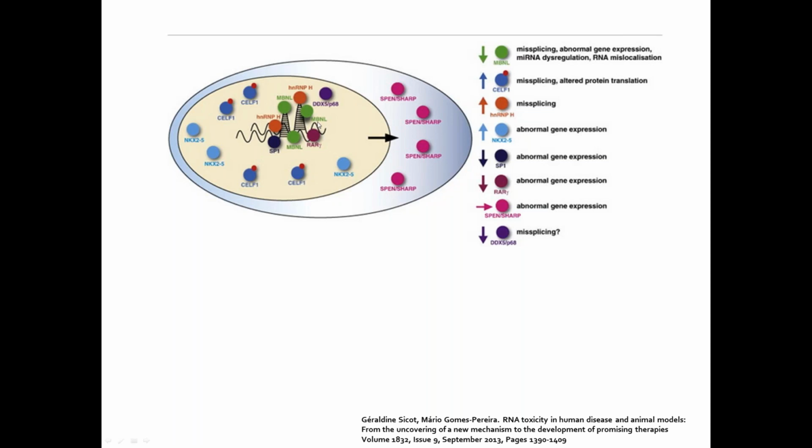And so the RNA from the DMPK gene will interfere with certain genes that are responsible for how the heart works, how the endocrine system works, all of that. So that's why all those other symptoms happen within myotonic dystrophy, and that's called RNA toxicity.